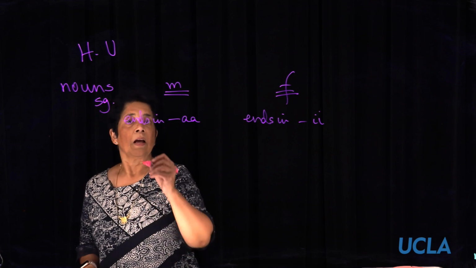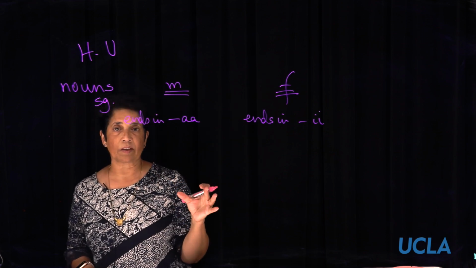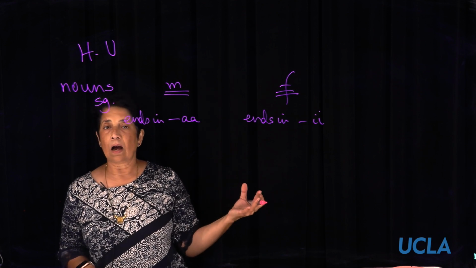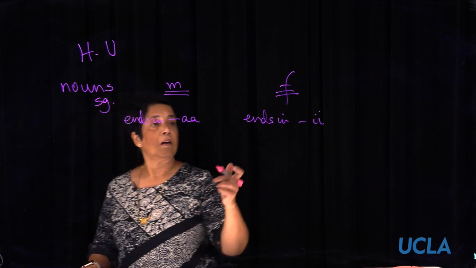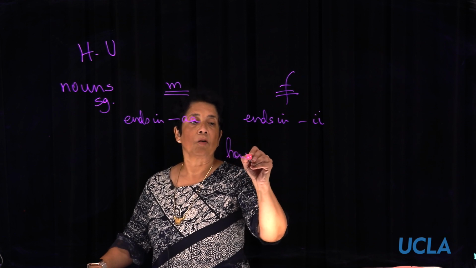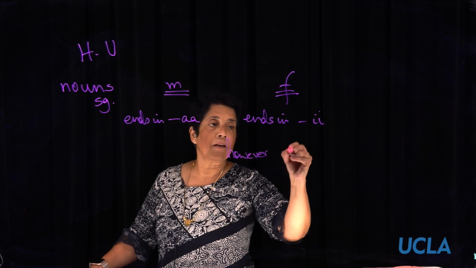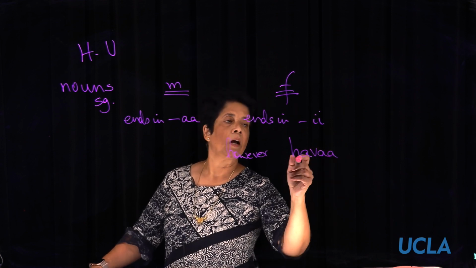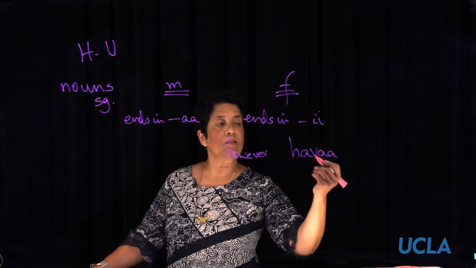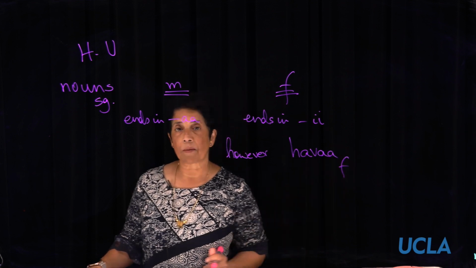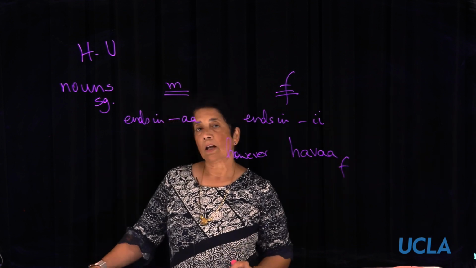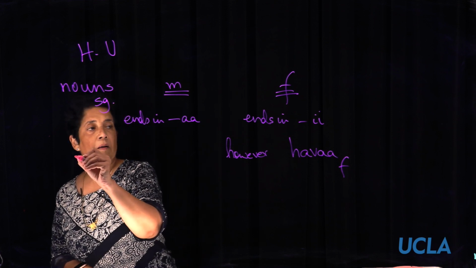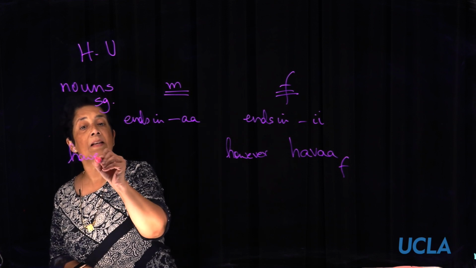However, you could sometimes get words that end in a but are feminine. So, you could have a word like hawa, which means breeze, and hawa, although it ends in a, is feminine. Similarly, you could have words that end in e.